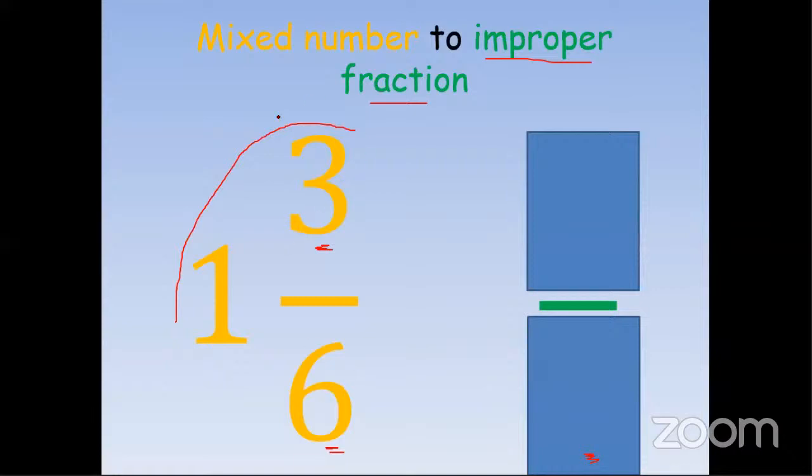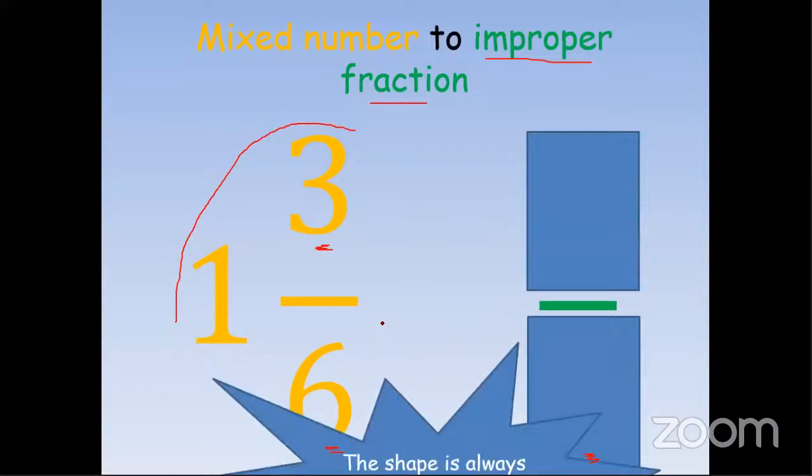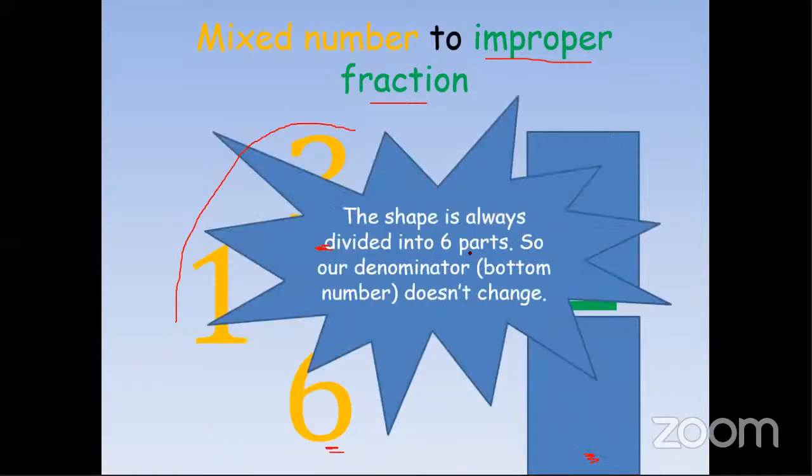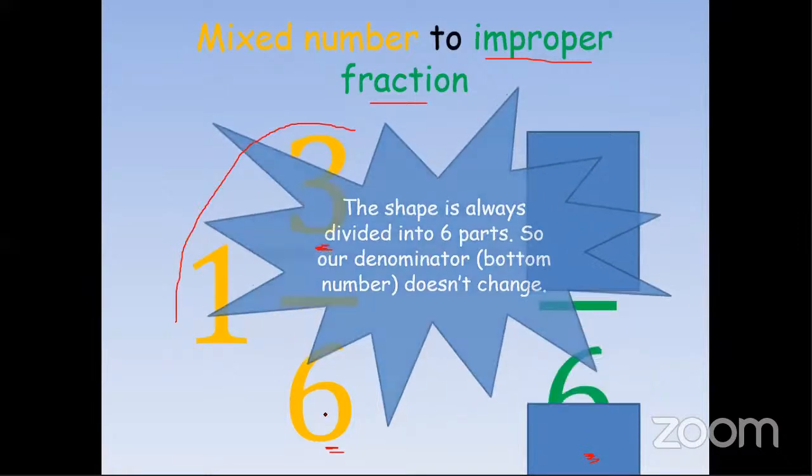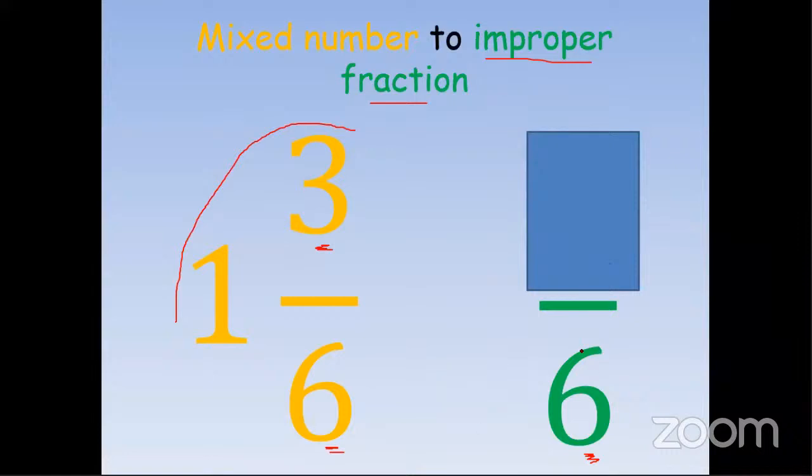So we are saying that step 1, we look at our denominator. This is your denominator, so transfer it to the other side. It is also going to remain 6. Step 2, multiply the denominator by the whole number.